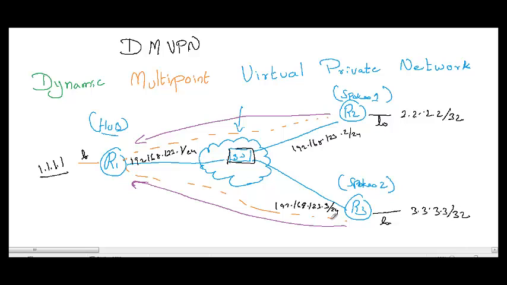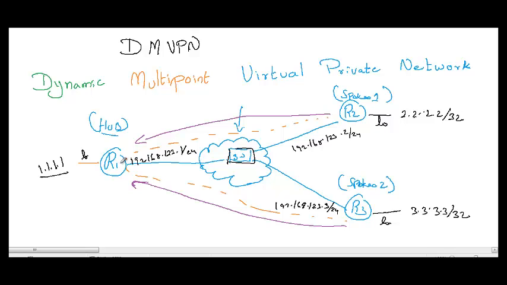So R2 and R3 come and register with the hub router. It forms a tunnel like this. And now R1 knows about R2. It also knows about R3.